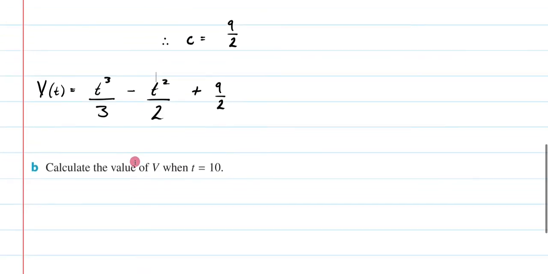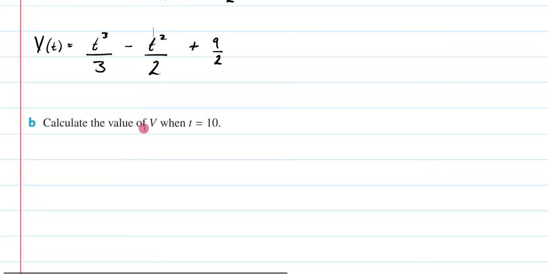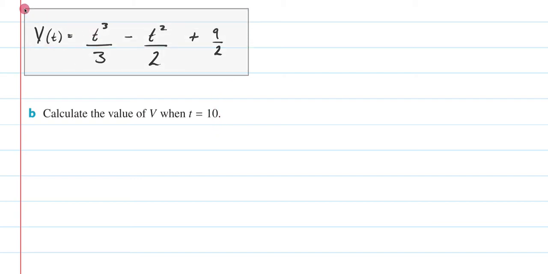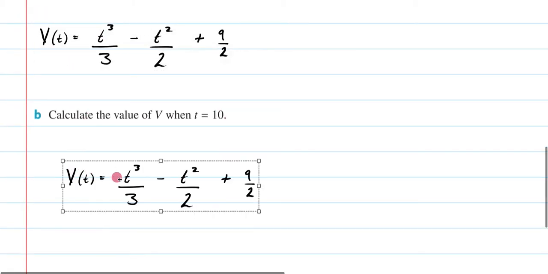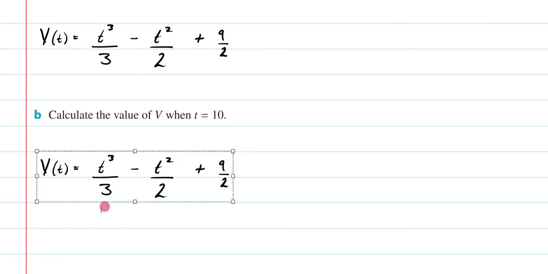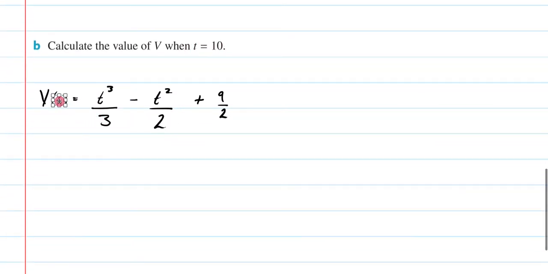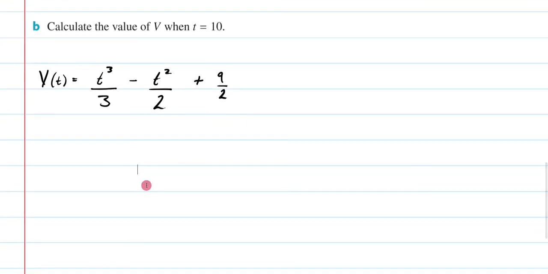Now, let's do b, which says calculate the value of v when t equals 10. Okay, so what that means is we're taking this right here, bring this down, and what we're going to be doing is we're going to let t equal 10. So let me write it out again. I won't be lazy.